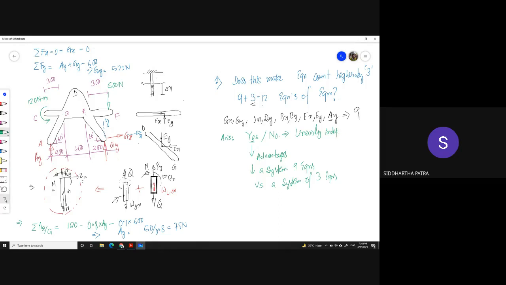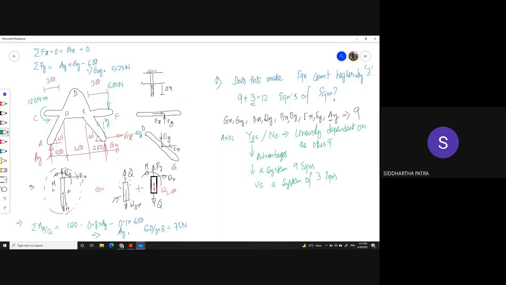They are linearly dependent on the other 9. That means these 3 additional equations, when combined with the other 9 equations, are not linearly independent. Actually, they can be formed by the other 9 equations.